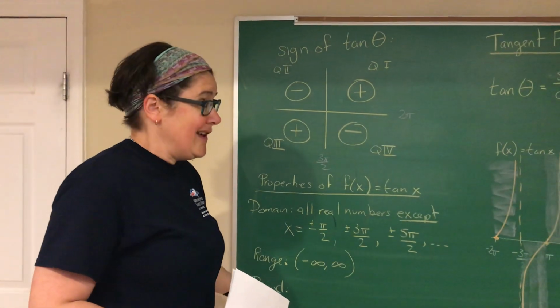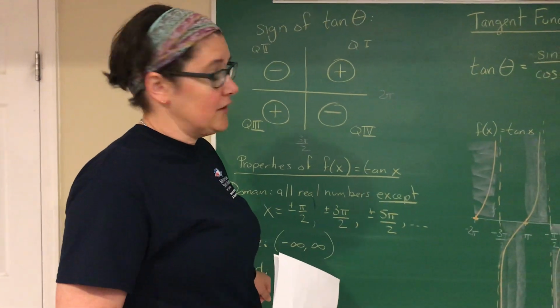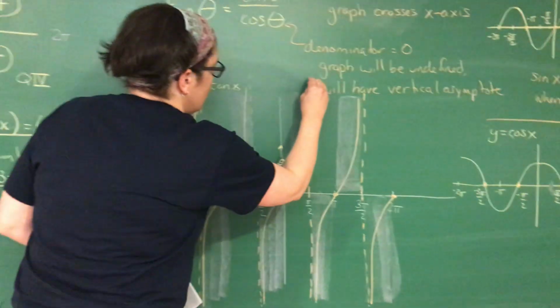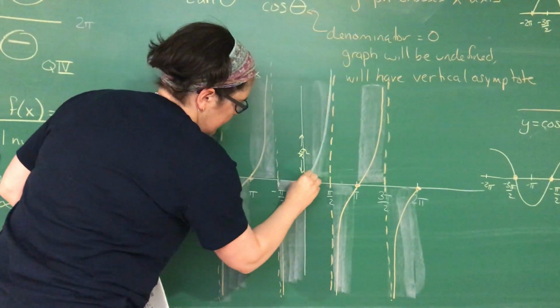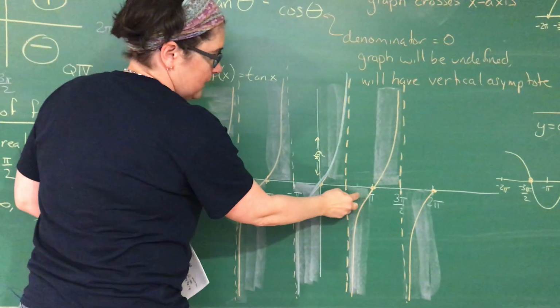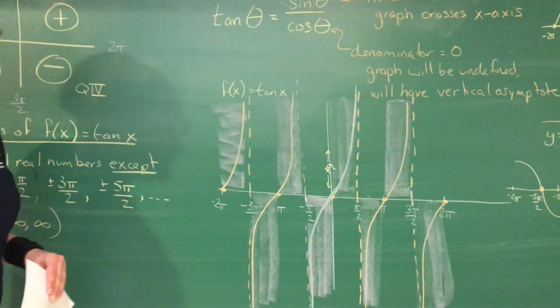Period is the next thing. This period's a little bit different than the sine and cosine functions because take a look at this. You have one full branch of this function, and that full branch repeats itself over and over again.